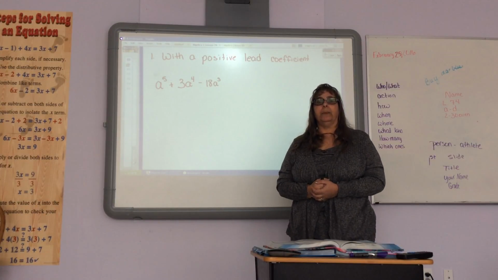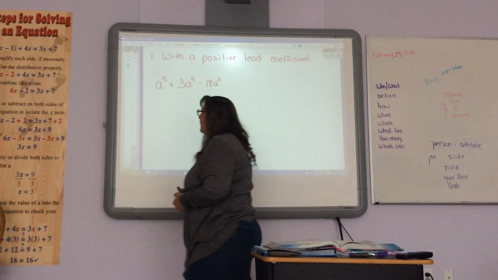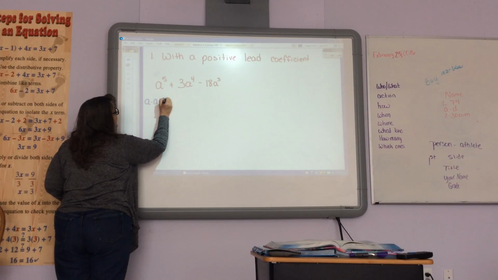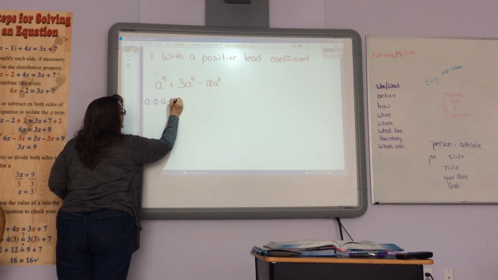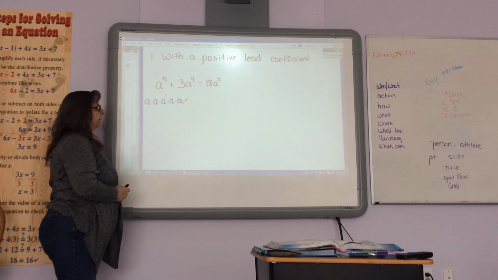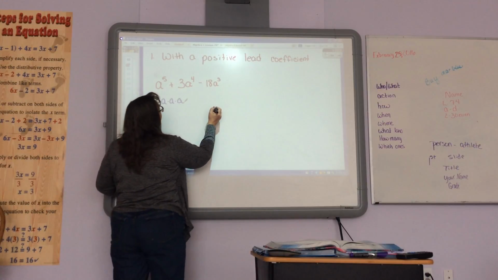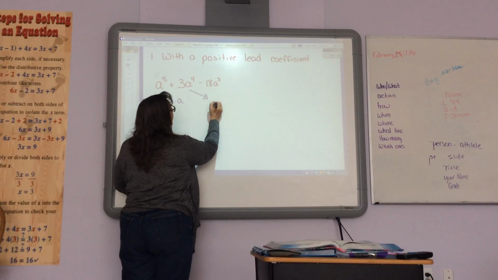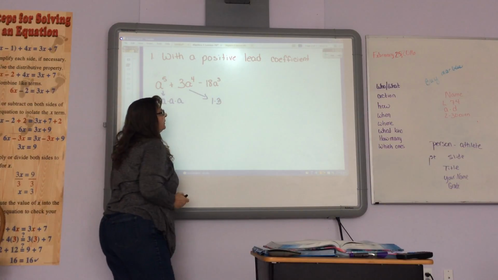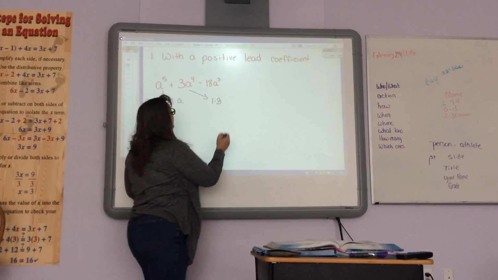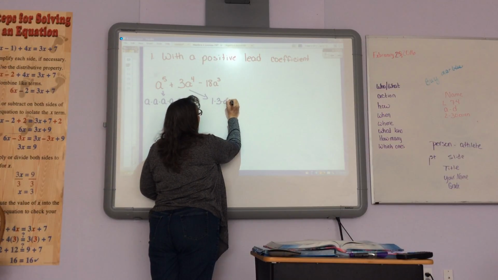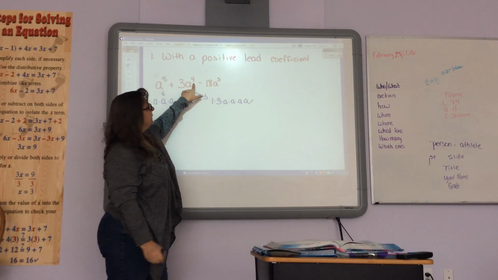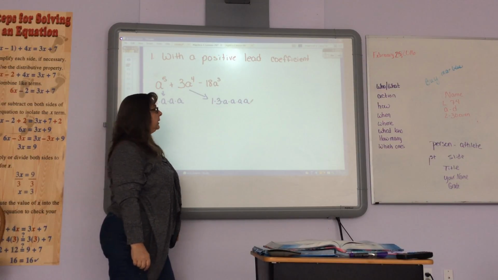That means we need to go back to prime factorization. So, a to the 5th is a 5 times: a times a times a times a times a. The next term, 3a to the 4th, 1 times 3, that's the prime factors of the number, and then a times a times a times a, that is 4 a's, 1 a for each exponent number.